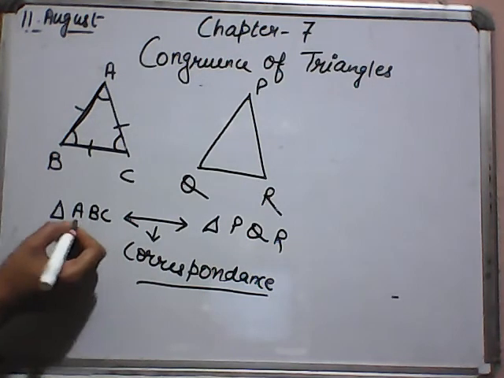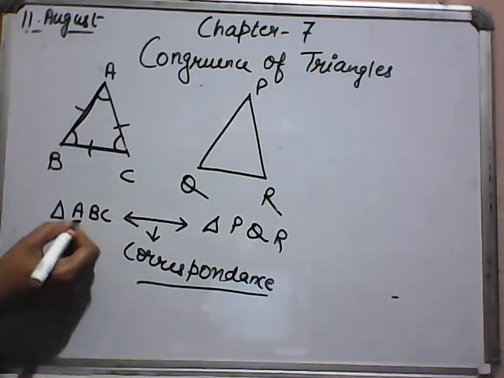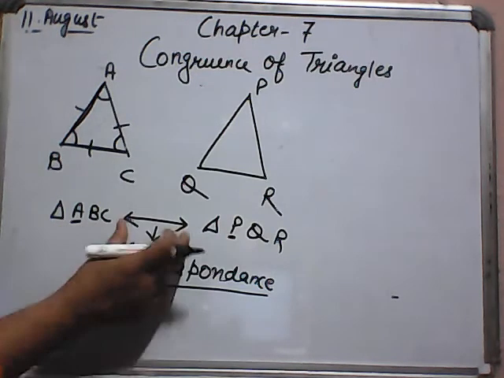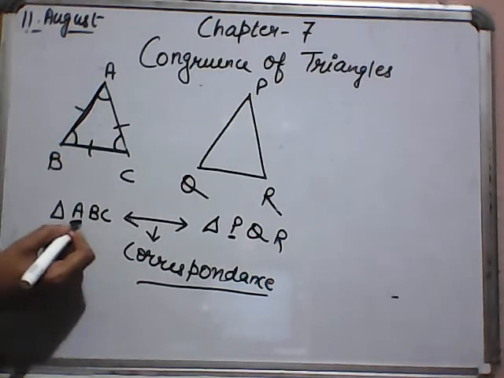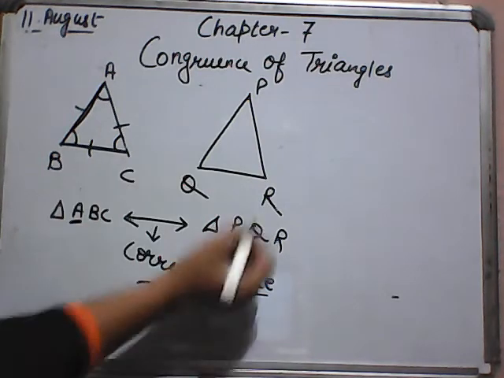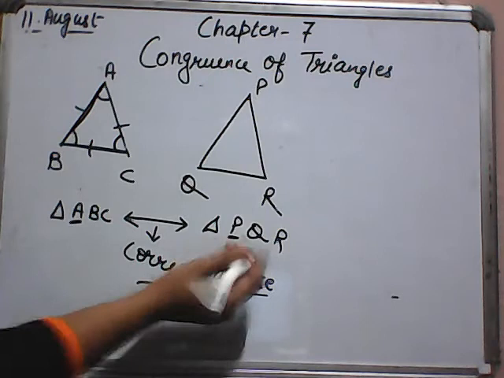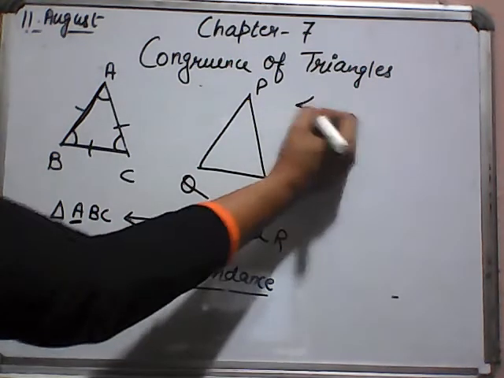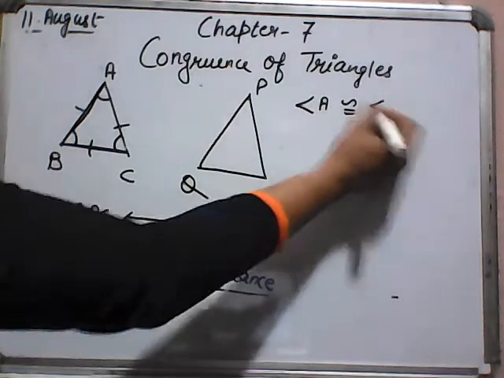First we discuss angles. Angle A is equal to angle P. If we write correspondence, it means what is the position of A? The same position in the other triangle is P. These two are in the same position. So, angle A is congruent to angle P.